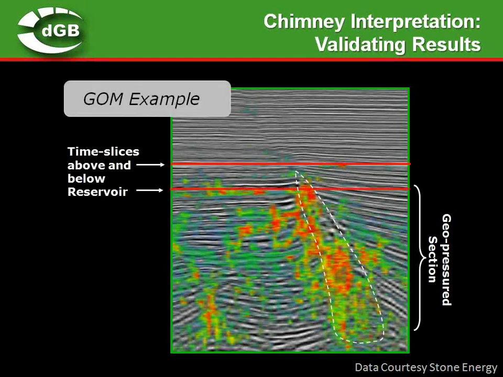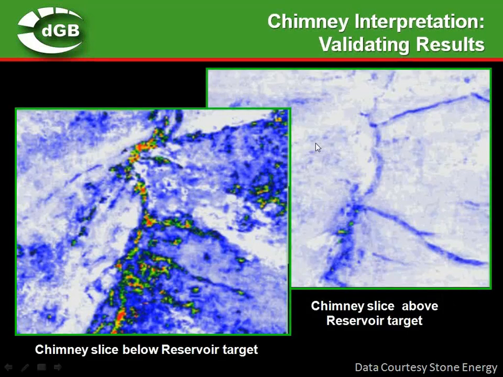The time slice, in contrast, we see in the section above the reservoir, we see a very linear fault, which is basically low probability chimney.